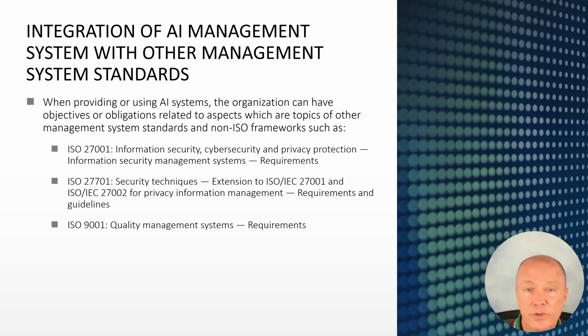We could also look at how we integrate AI management with our ISO 9001 quality management. And then finally, as I already told you, we'll expect that we will probably integrate this risk-based approach of ISO 42001 with the help of the NIST AI Risk Management Framework.